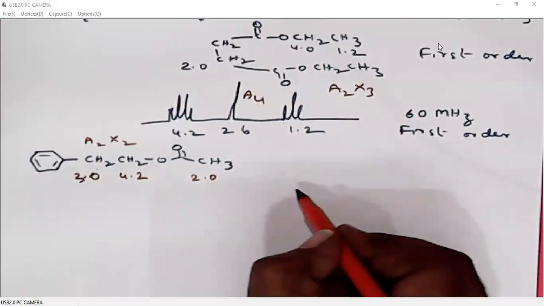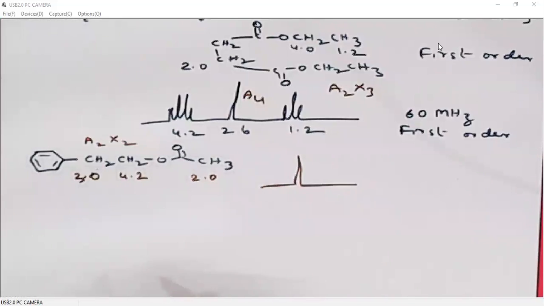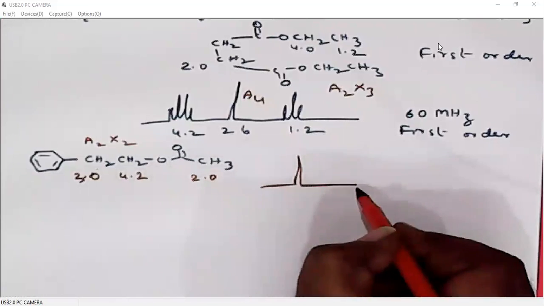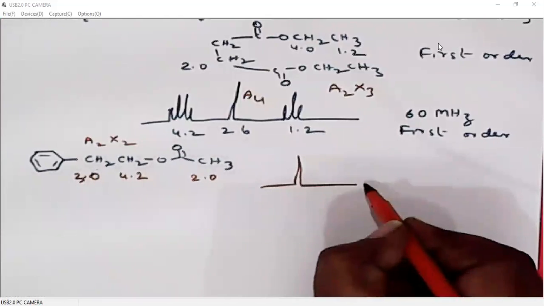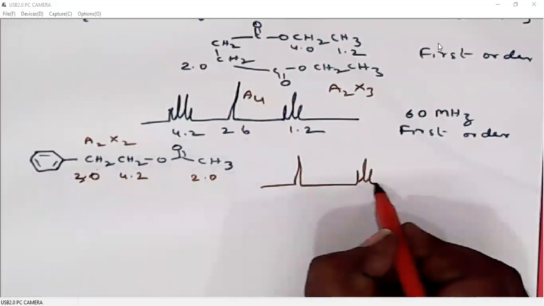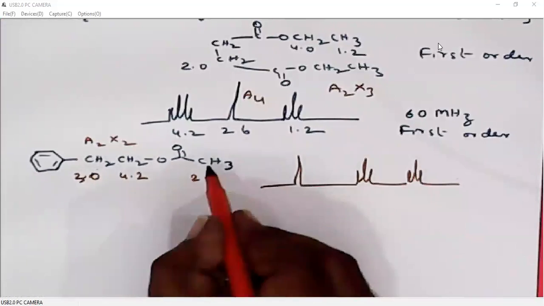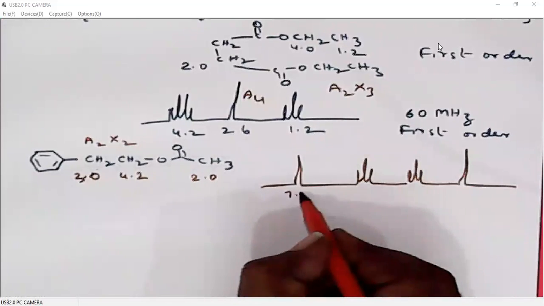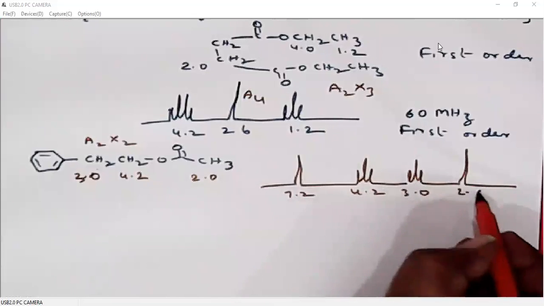Now, when we look at the spectrum, of course, the aromatic system will give only one singlet. It is second order at 60 megahertz, but the other peaks give a triplet. This also gives a triplet. This gives a singlet. 7.2, 4.2, 3.0, 2.